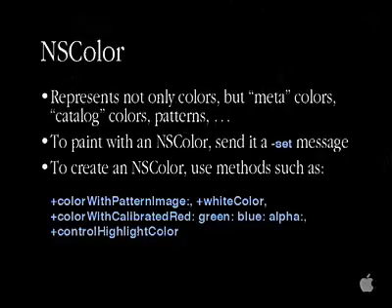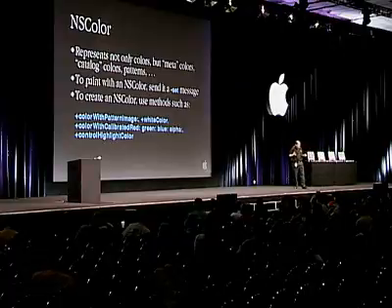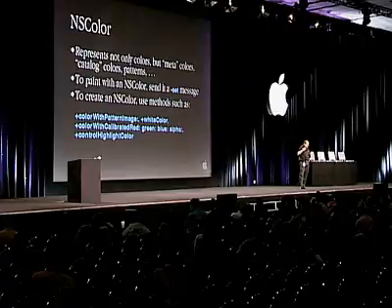So you can define your colors in some abstract ideal color space, and you can be confident that you're going to get the same results on any machine that's got ColorSync installed. And then again, we have methods like control highlight color, which will tell you a value that's actually been determined at runtime. So you could, for example, ask for the user's preferred control color.